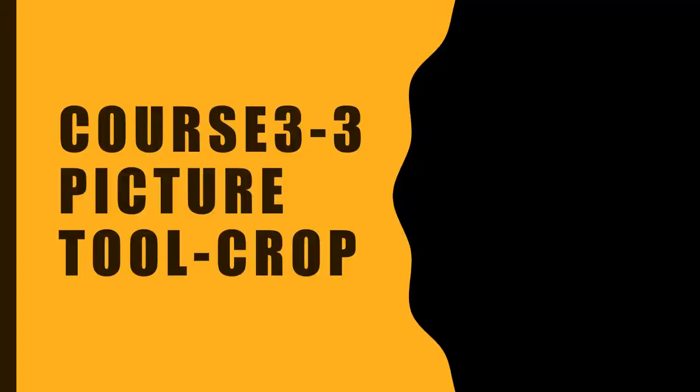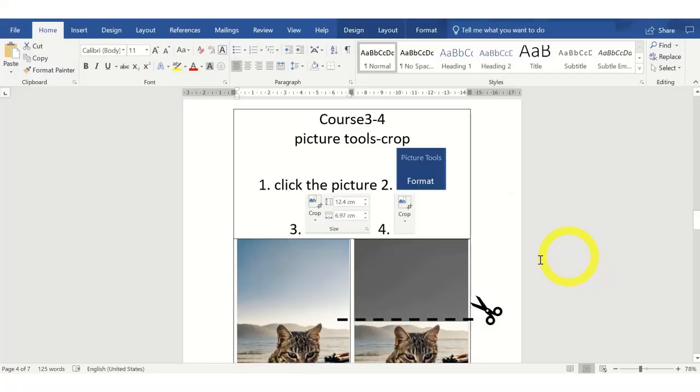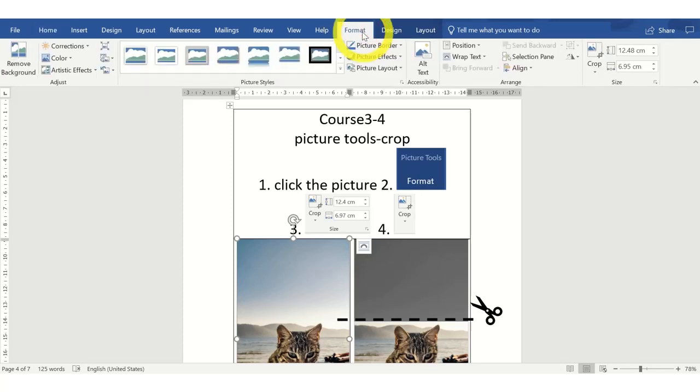In Course 3.3, I will show you how to crop the picture. First, click the picture. Then you can find the Picture Tool tab show up. Then click the Format tab. Find the Crop ribbon and click it.